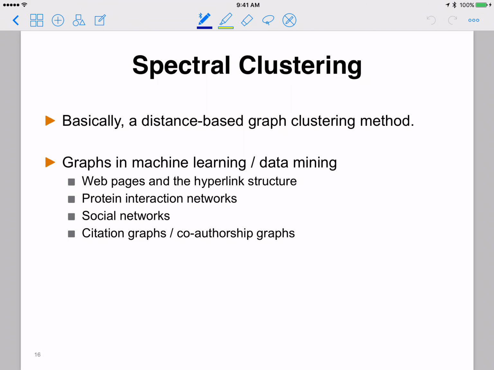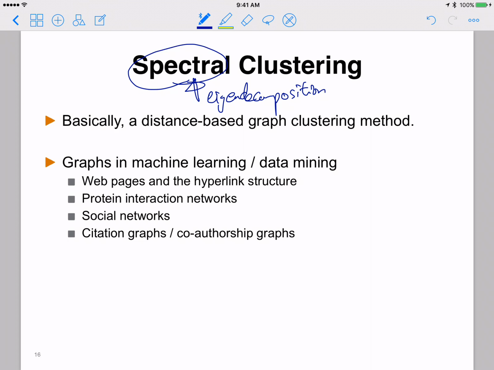Okay, spectral clustering. In the previous lecture, I once mentioned this word spectral. Spectral typically involves eigen decomposition. So this spectral clustering also involves the eigen decomposition method as a main algorithm.